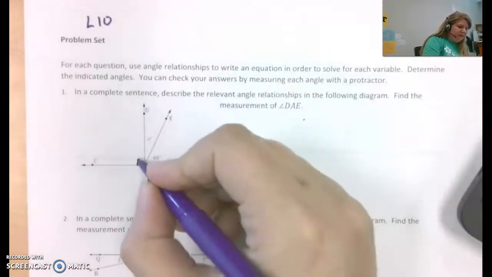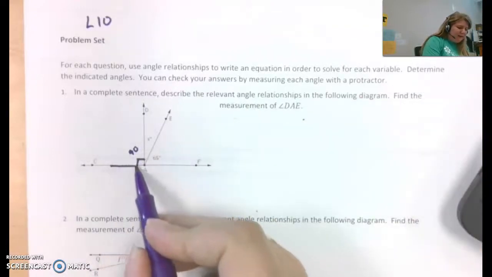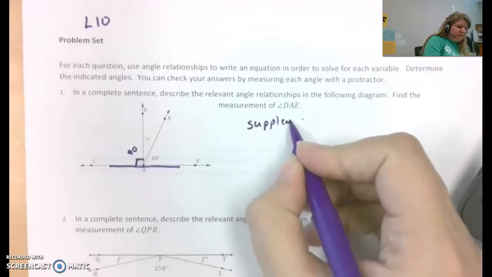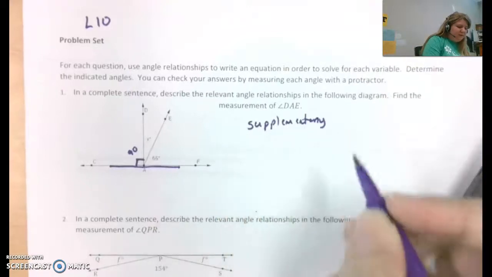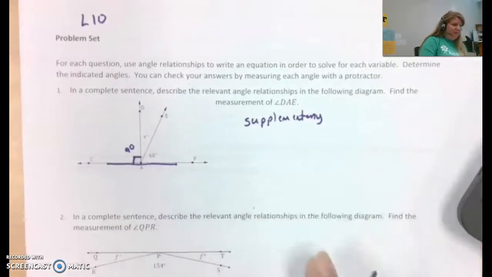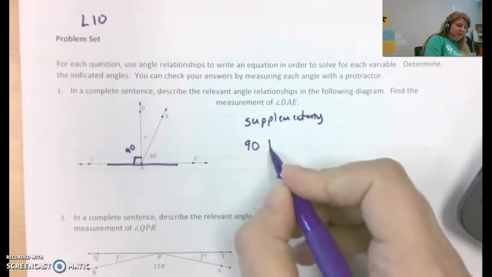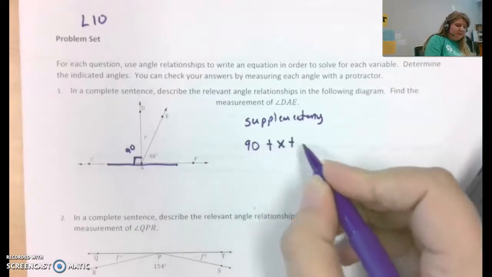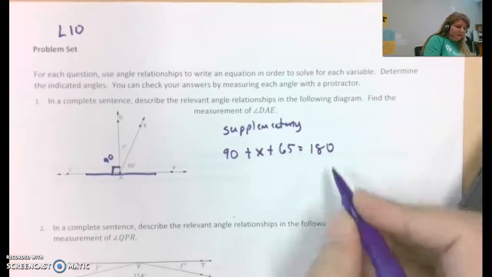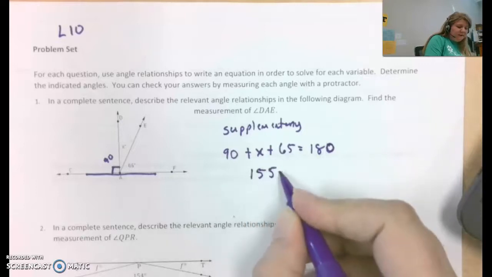So I know this is a 90-degree angle, and then I can see that I have a supplementary relationship, which means all of these angles together have a sum of 180. So for my equation, I will write 90 plus x plus 65 is 180 degrees. 90 and 65 makes 155.